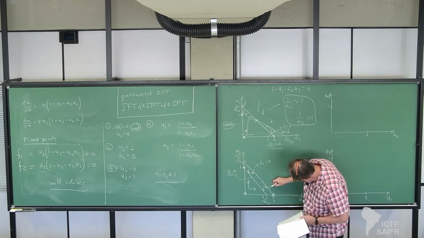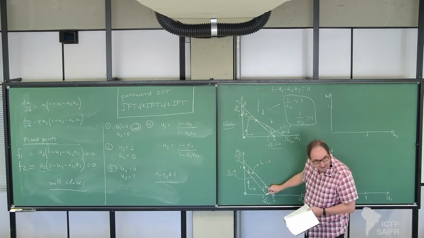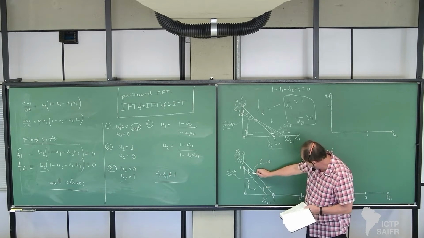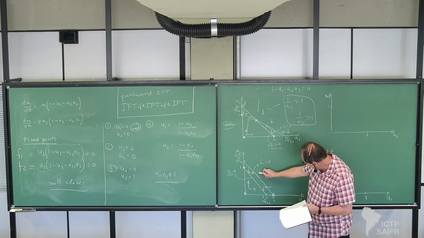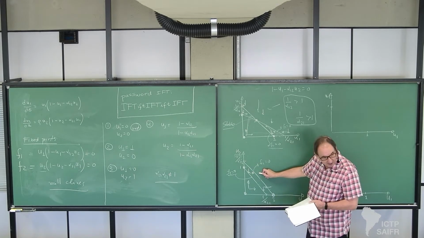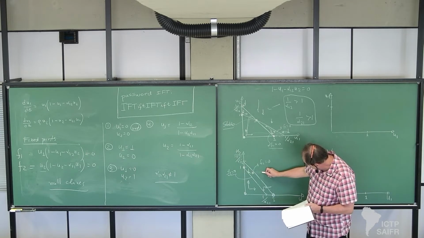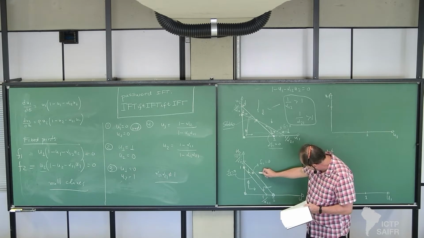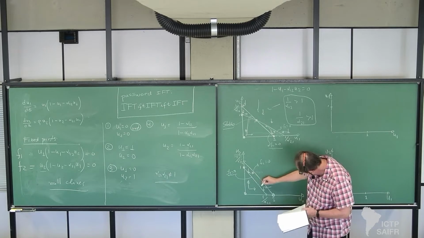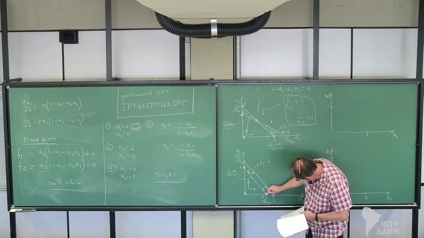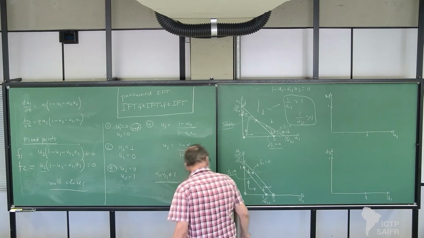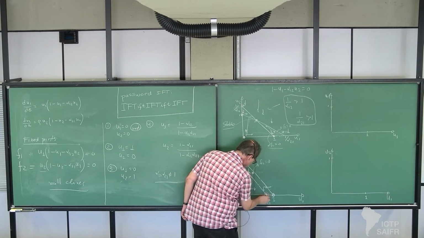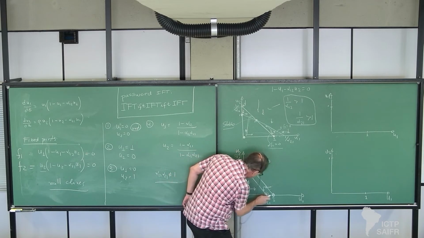You go back this way, and you still are decreasing. The same thing here. You will end up here. Therefore, this is the fixed point.